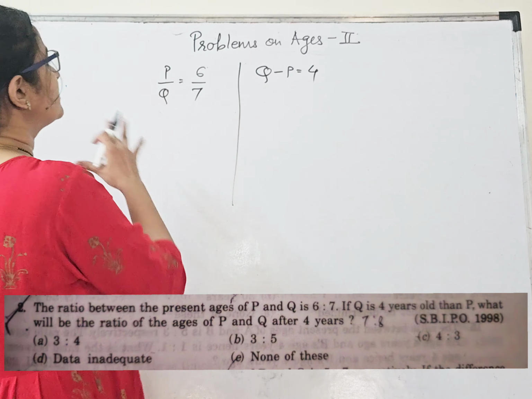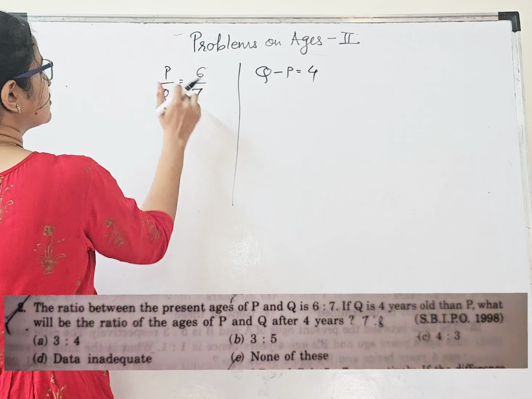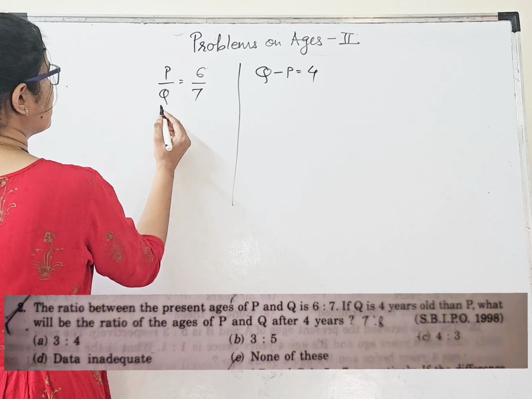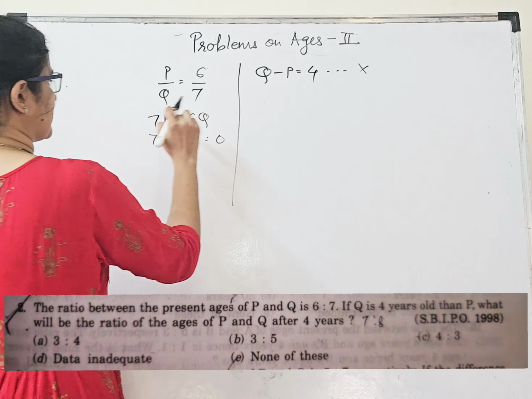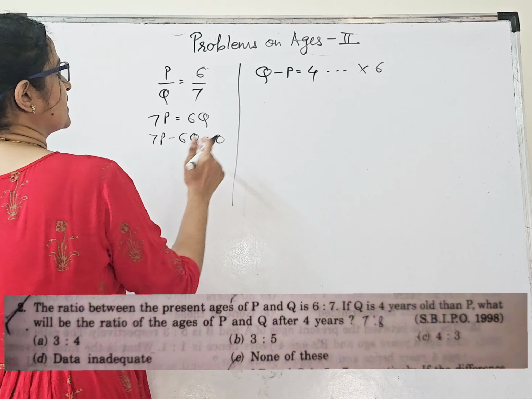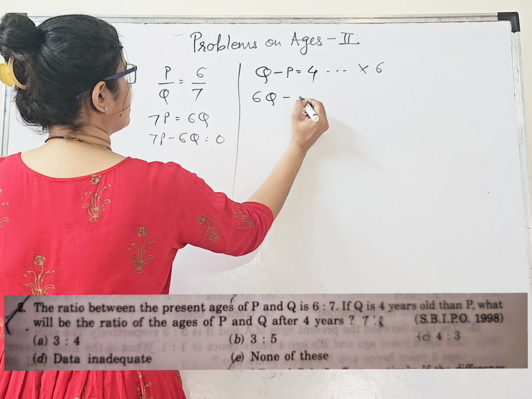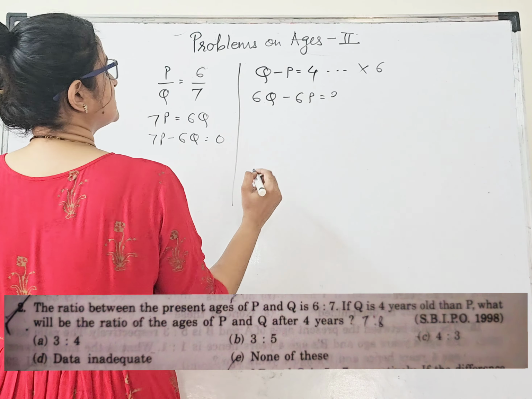To find it out, let's first find the present ages of P and Q. The same way, 7P equals 6Q, so 7P minus 6Q equals 0. Now let's multiply the other equation with 6, as we are planning to cancel this Q. This will give you 6Q minus 6P equals 24.